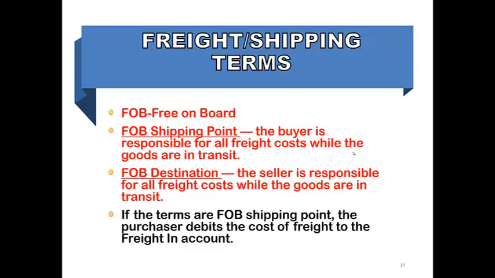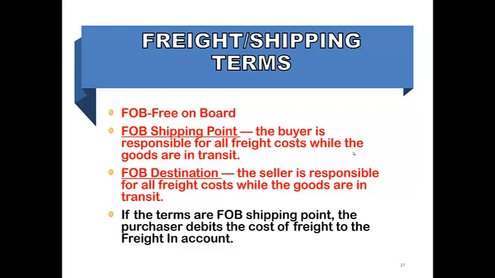So FOB shipping point, the buyer is paying for the shipping to get it shipped to them. FOB destination means that the freight is taken care of all the way to the destination or all the way to the buyer. So the seller has agreed to pay for the shipping.